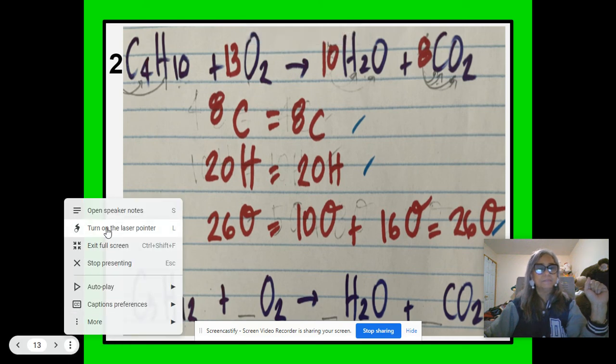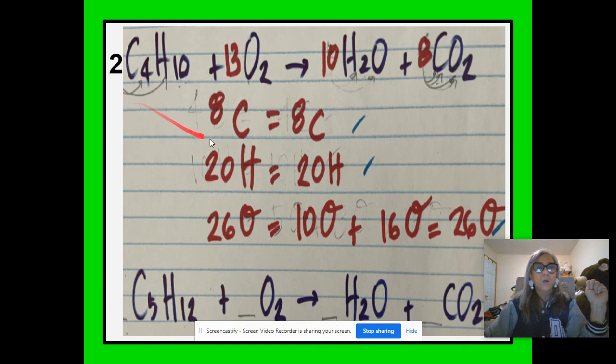So here, we said earlier this is butane, CnH2n plus 2. So how would we balance this? If I place here a 2, the 2 is good for carbon and good for hydrogen.